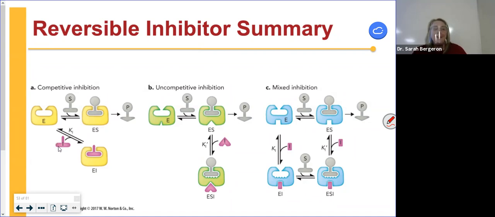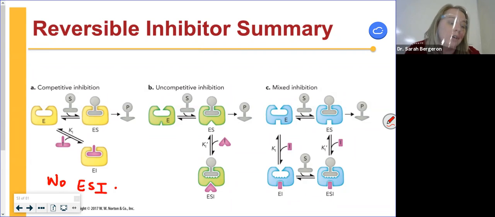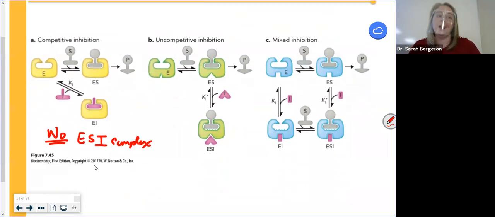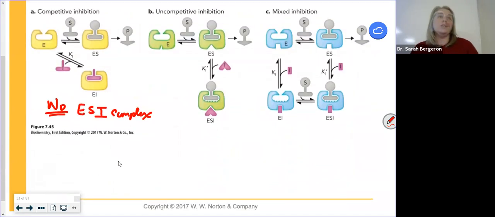So in competitive inhibition, this inhibitor is going to compete for the binding. So can you have inhibitor bound to an enzyme substrate complex? No. So this is no enzyme substrate inhibitor complex, right? No, does not exist.